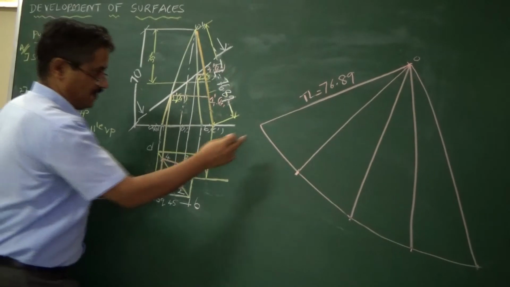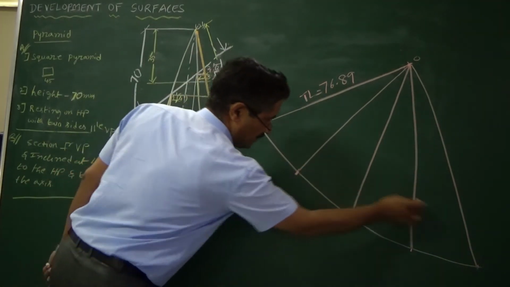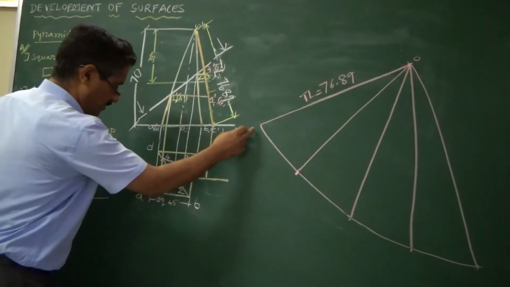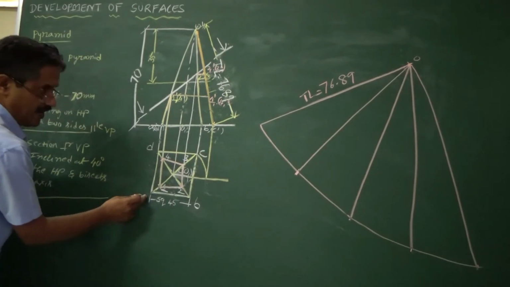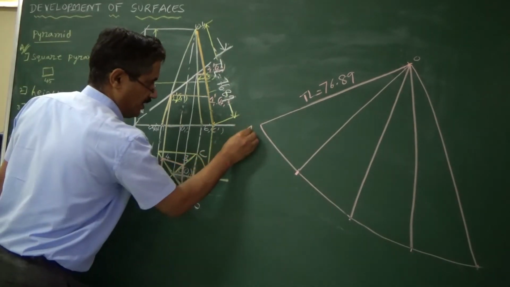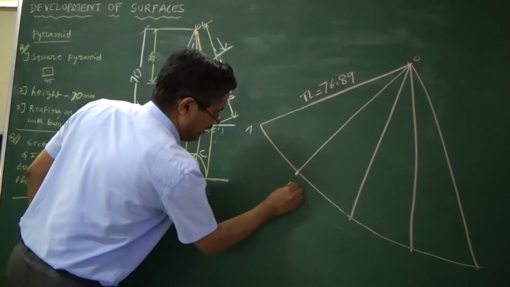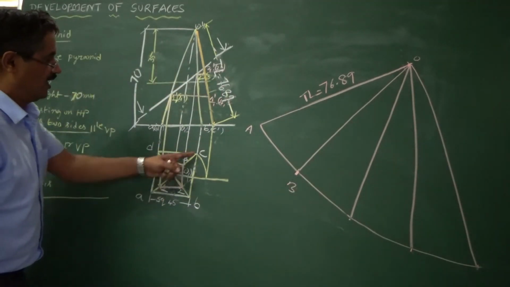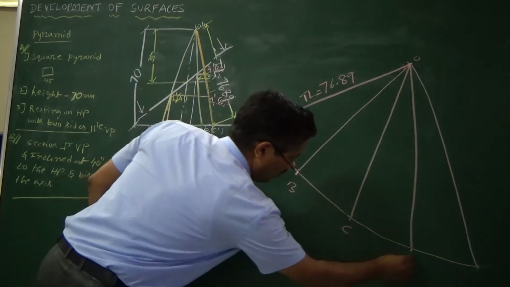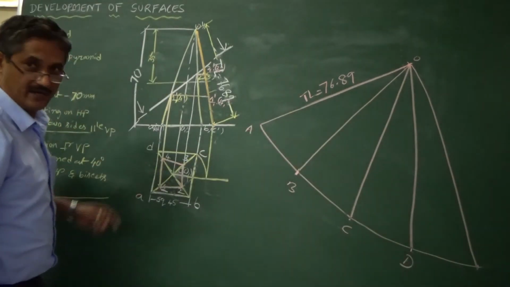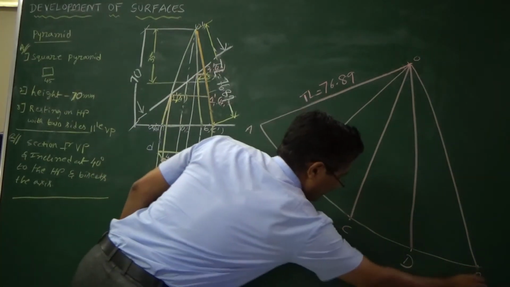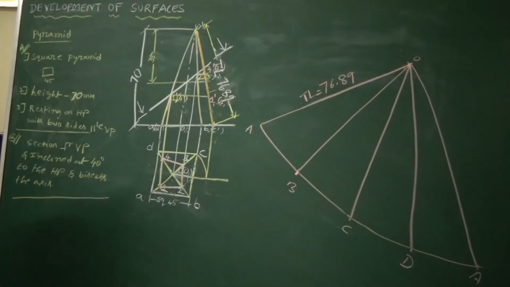As it is a square pyramid, we will get 4 compartments like this. So now my reference point is say A. So this will become OA for me, and the other one is OB for me. Okay, and then OC, OD, like here, back to A. So this is how we have to mark the thing.